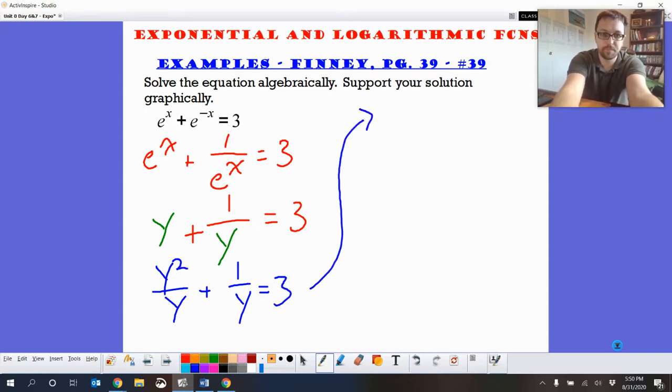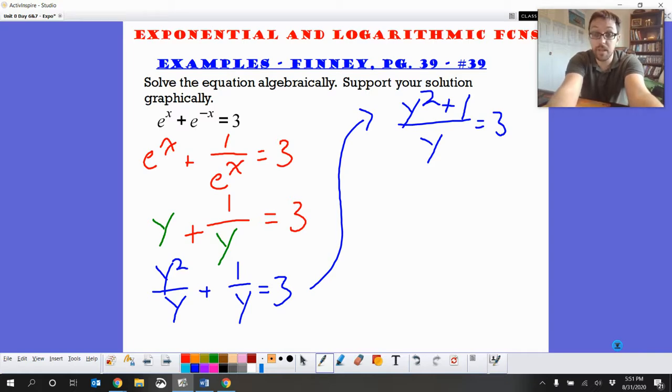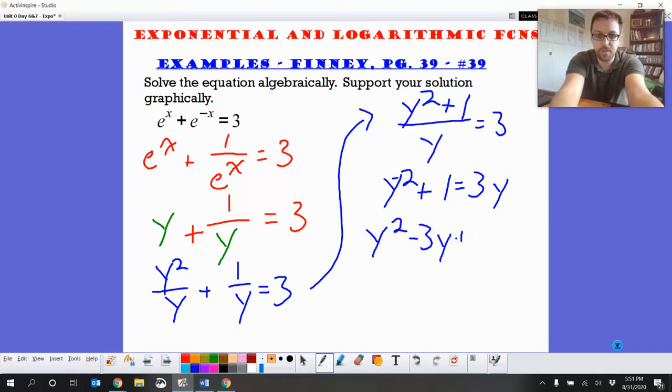So we get y squared plus 1 over y equals 3. I'm going to get rid of that denominator, so I get y squared plus 1 equals 3y. We get y squared minus 3y plus 1 equals 0.